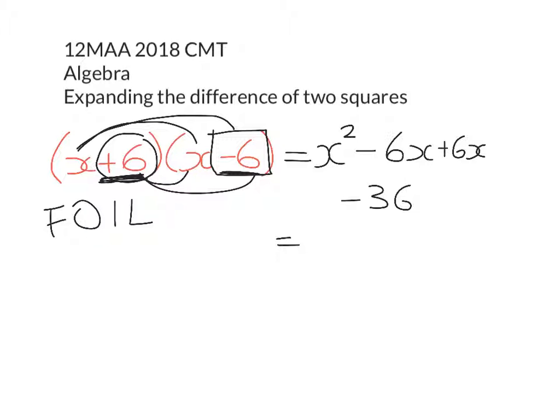So when we go to simplify that, we've got minus 6x plus 6x. So that middle term, the term in x, has disappeared.